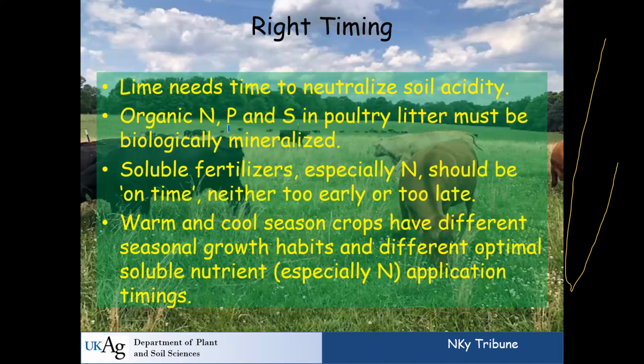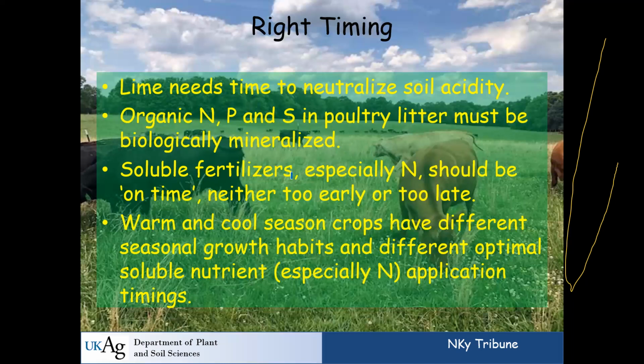Poultry litter, the organic compounds in the poultry litter, the nitrogen, phosphorus, and sulfur, need to be mineralized biologically, and that takes some time, not 6 months, but certainly it's applied earlier in the plant's life cycle so that the nutrients are made available at a valuable time.